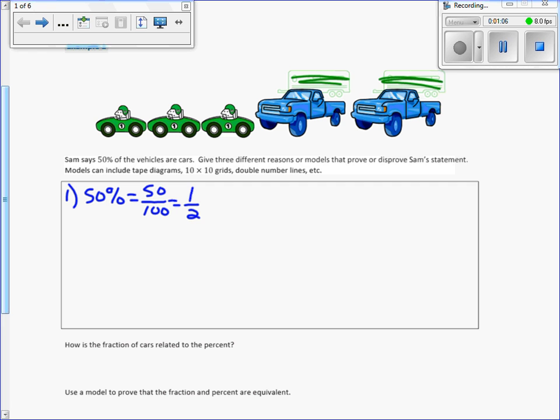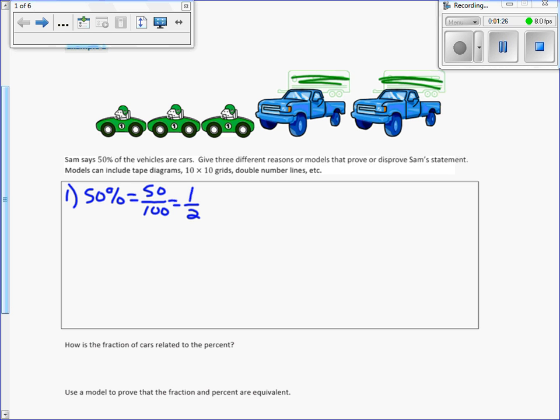Okay? So 50% are cars. And we see 5 vehicles. Okay, 50% of the vehicles are cars.